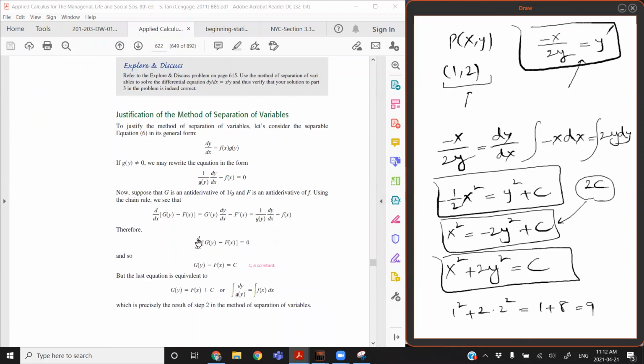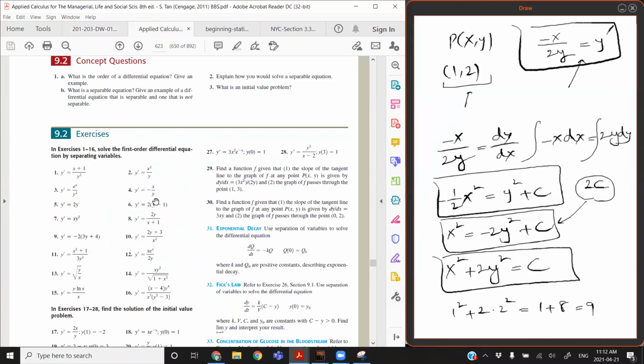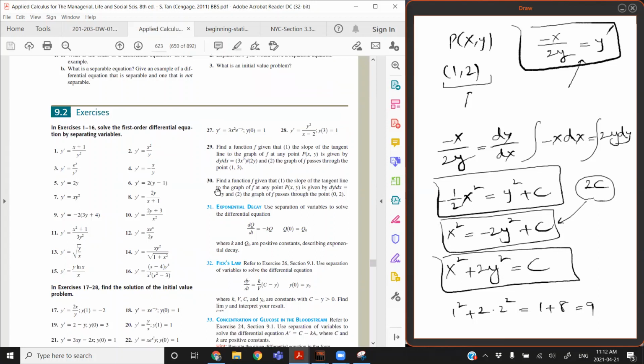So from this set, you're supposed to do which problems? Let's see. 9.2, 1 to 11, 13 to 24, and then 26 and 27. I'm going to do one of them for you. Let's do the last one.